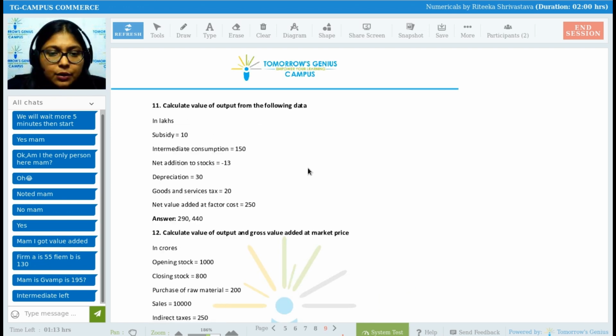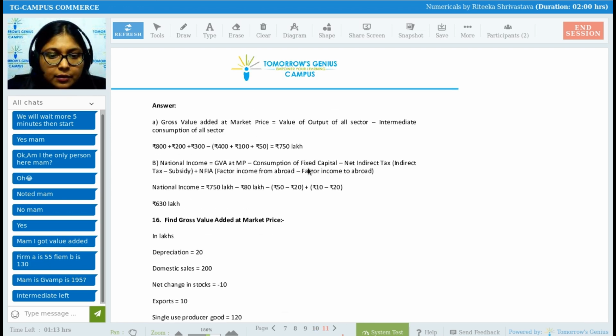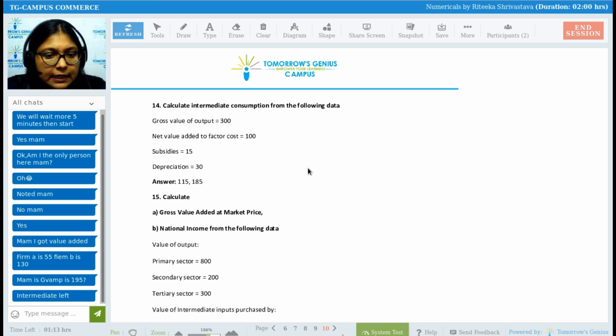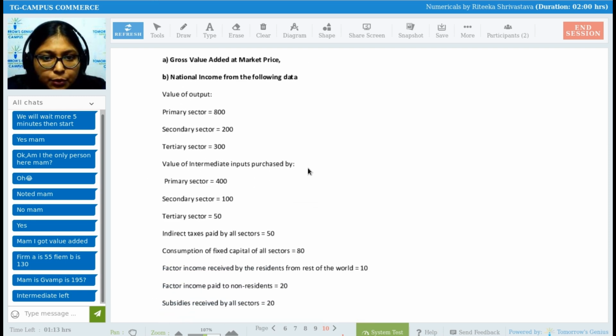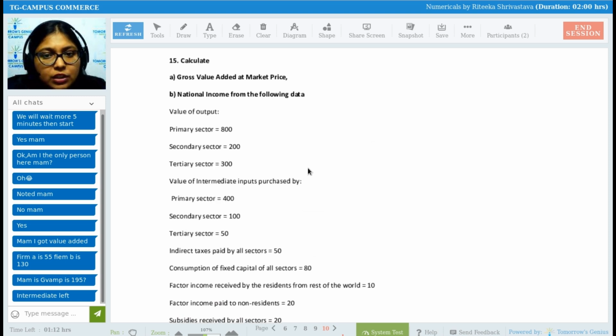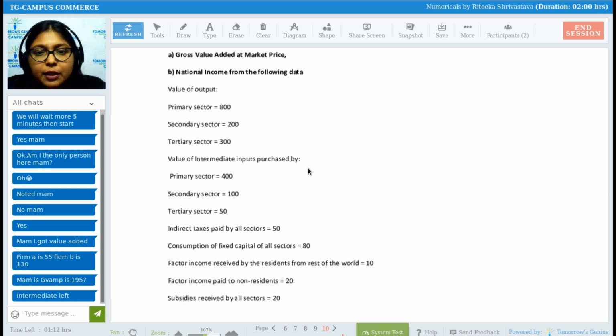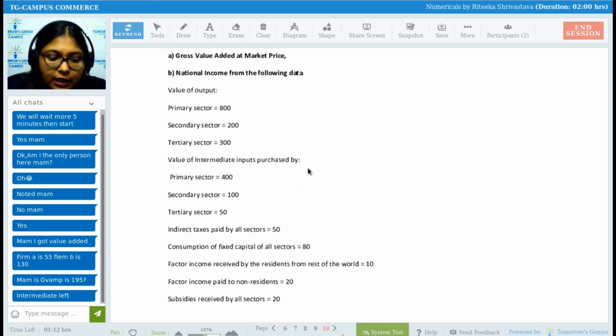Perfect. Good. Now one more sum. This is a little bit different kind of a sum. Do this and we'll wind up with this method. Here they have told you to find out national income and GVAMP. GVAMP is the value added method.